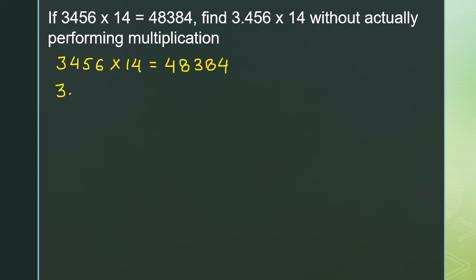So we have to find out 3.456 multiplied by 14. As you can see, the digits are the same in both the numbers. Only the decimal point is given to us in the next product. So what we have to do, we have to multiply both of these numbers as whole numbers.